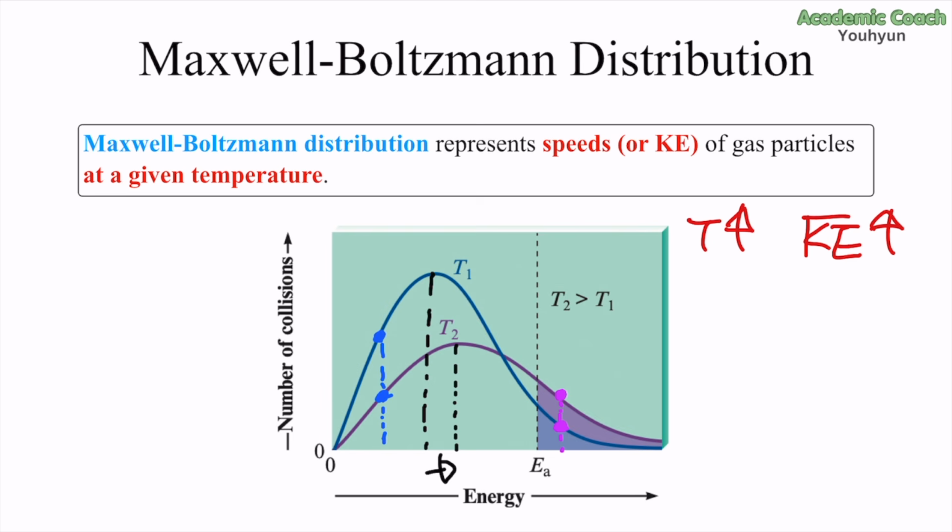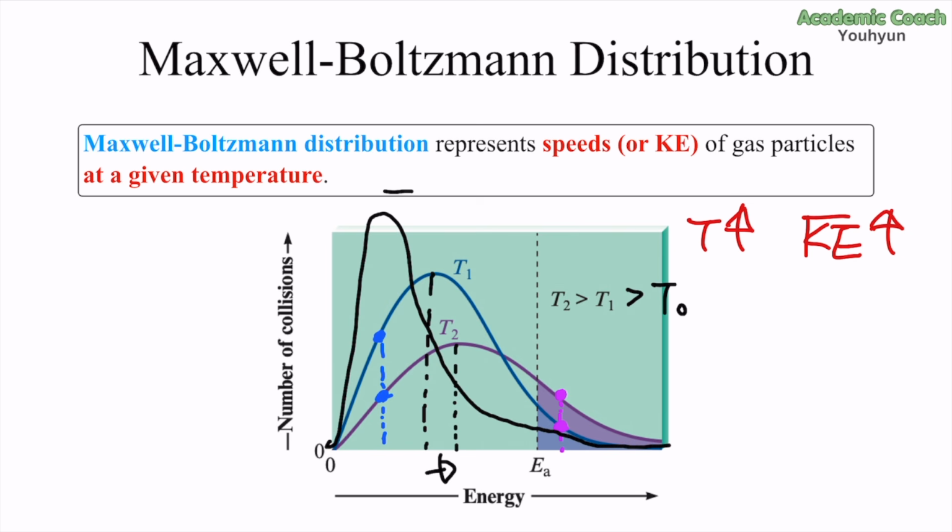So, for example, if there is this temperature called T0 that's an even lower temperature compared to T1, then this is how the Maxwell-Boltzmann distribution curve looks for T0. It will have a very, very high peak, and its peak will occur at very low energy.